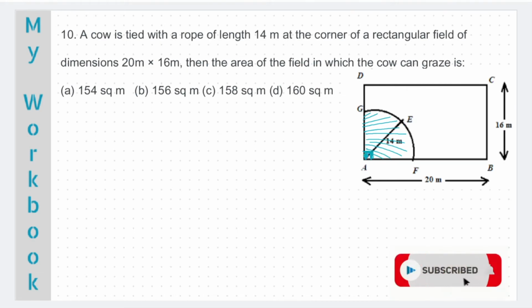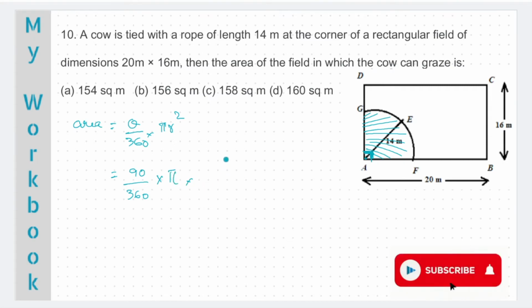So we need to find the area of this sector. What is the area formula? Theta by 360 into pi r square. Theta is 90 degree by 360 into pi. R is the length of the rope, which is 14. Pi, we can take it as 22 by 7.